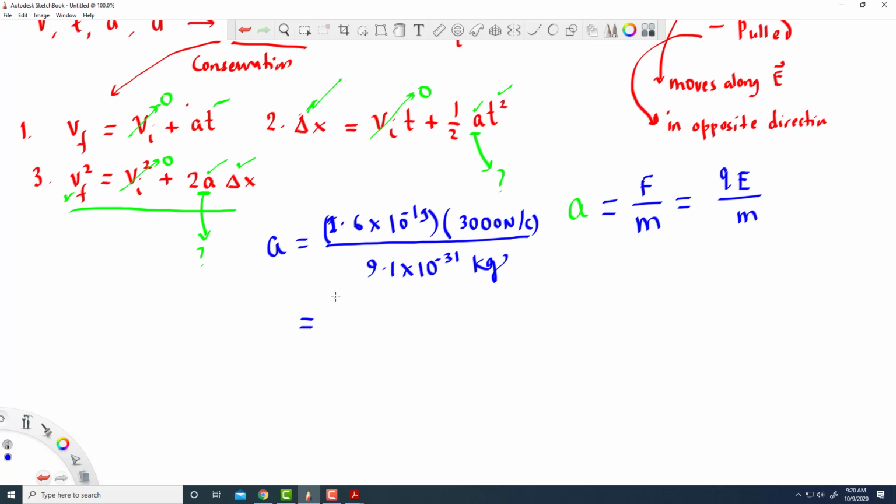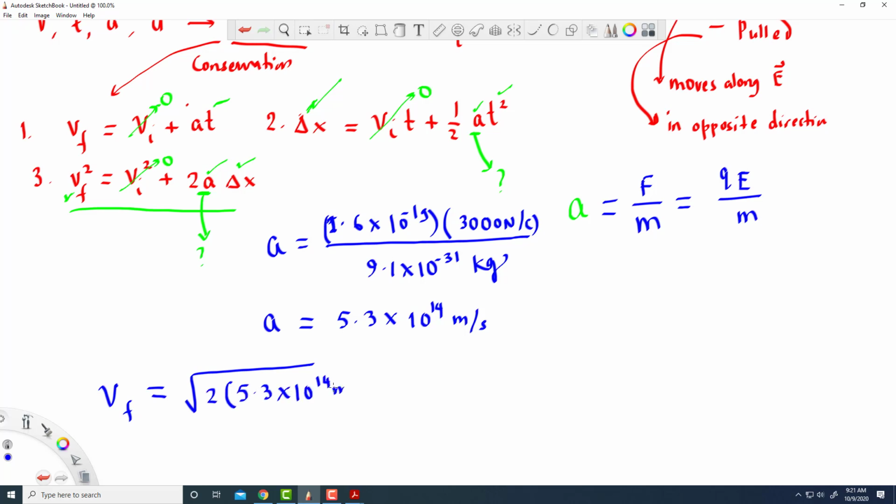Okay, what did you guys get? Okay, 10 to 14. So that's meters per second squared. Now we know acceleration, so we can find now Vf. So Vf is square root of 2 times that, 5.3 times 10 to 14 meters per second squared.